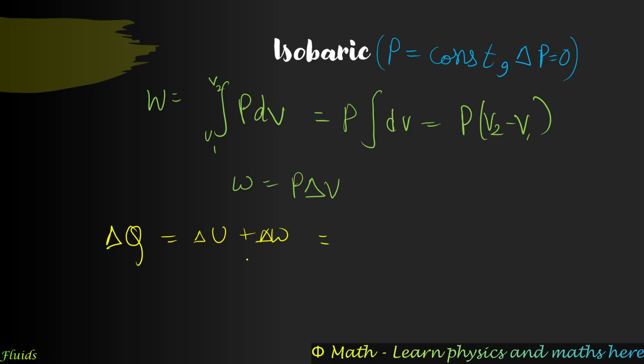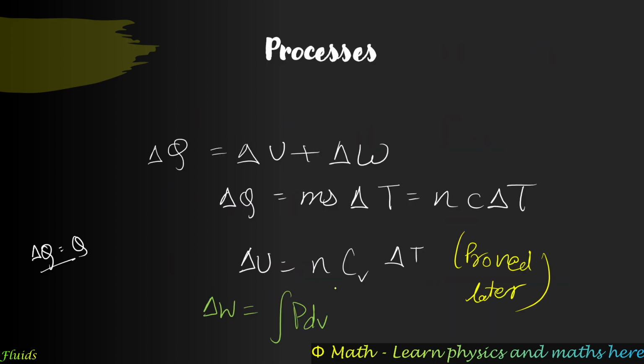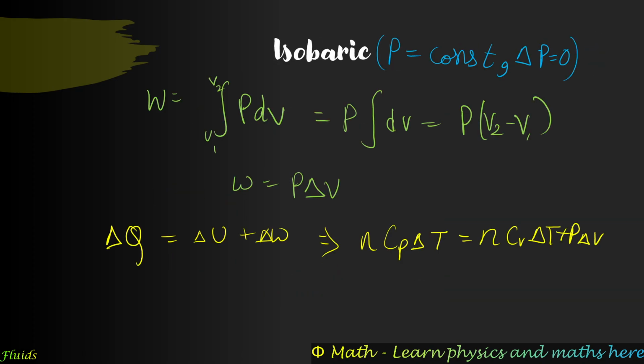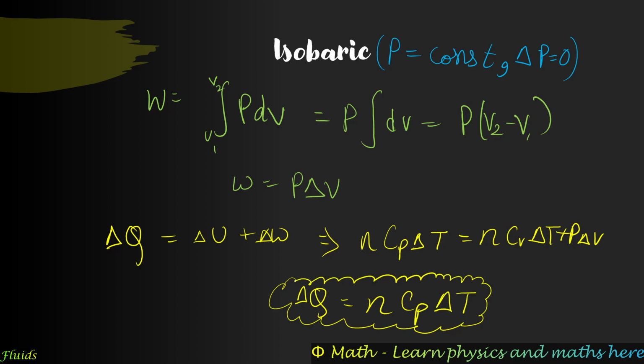So we can write nCp delta T is equal to nCv delta T plus P delta V. What we have done is just substitute delta Q to be nCp delta T and delta U to be nCv delta T. So delta Q is equal to nCp delta T, because the pressure is constant, and this is substituted here in place of delta Q.